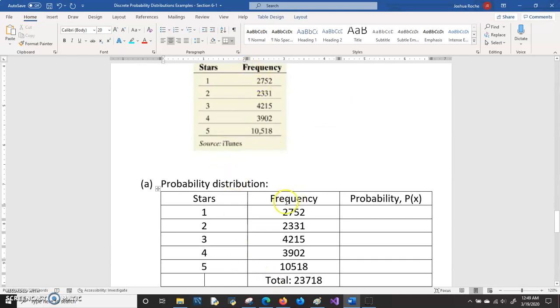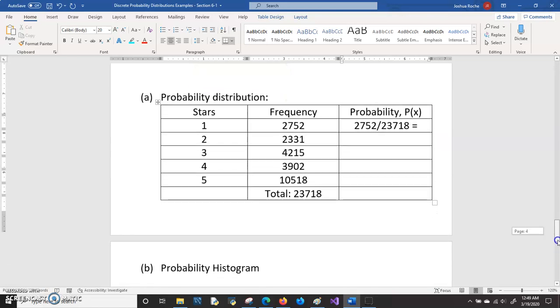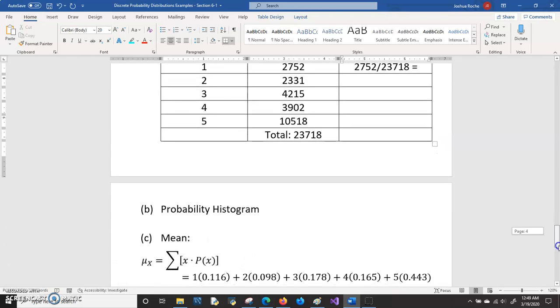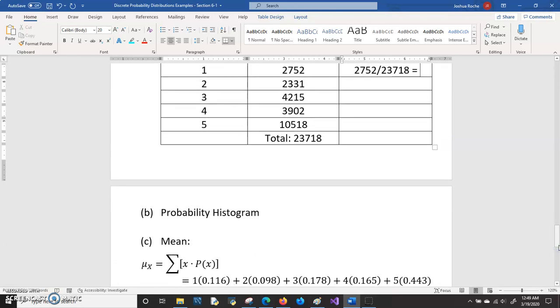So here's the table redrawn. I went ahead and added up these frequencies. The probabilities are just finding the relative frequencies. So the first one would be 2752 divided by the total, 23,718. And it ends up coming out to 0.116.